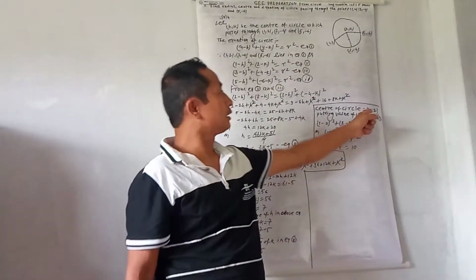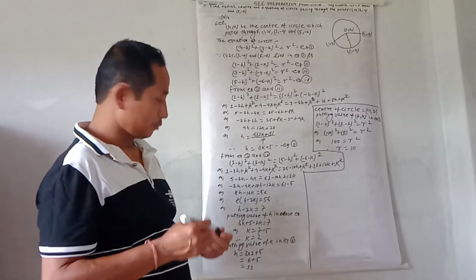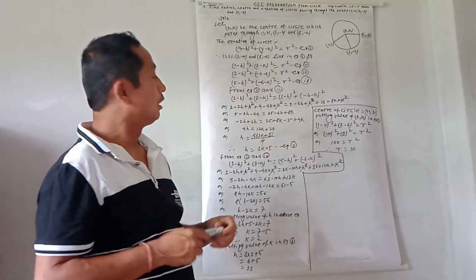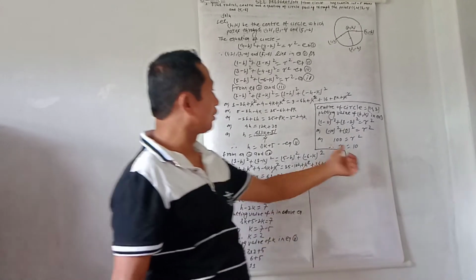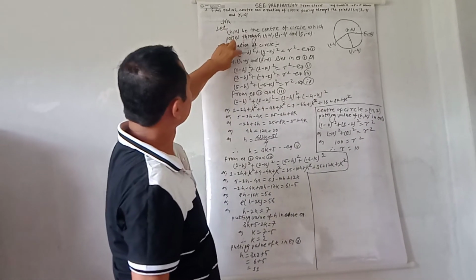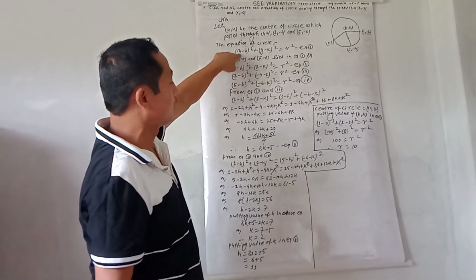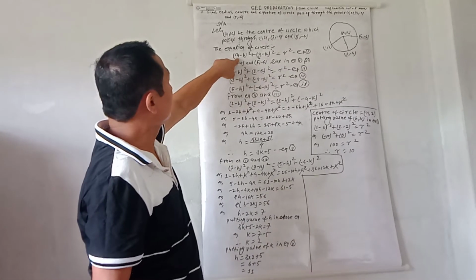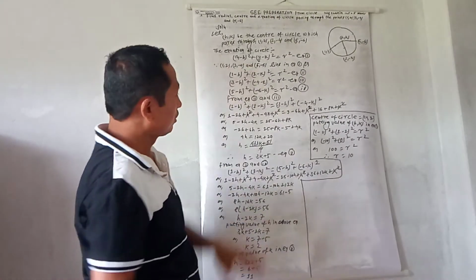Now, radius and center came, then we can find the equation of circle. So, when we put the value of r and h, k in equation first, in this equation, then we can calculate the equation of circle.